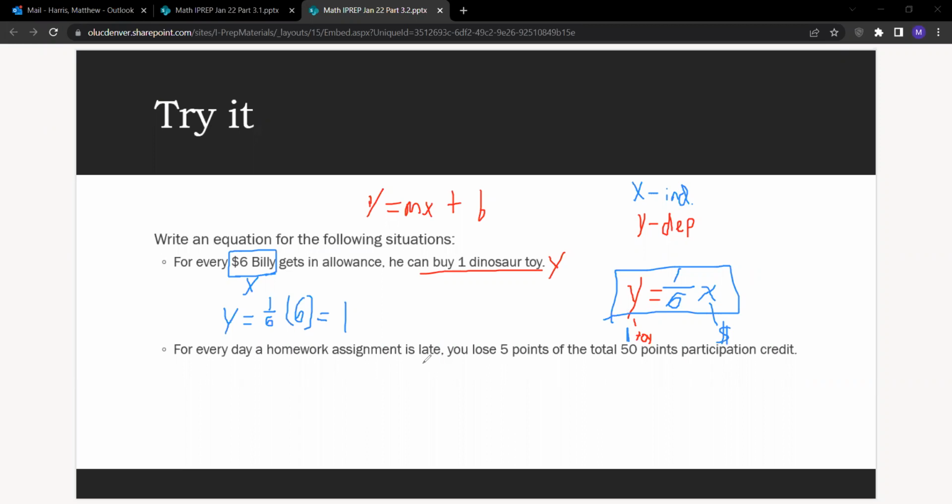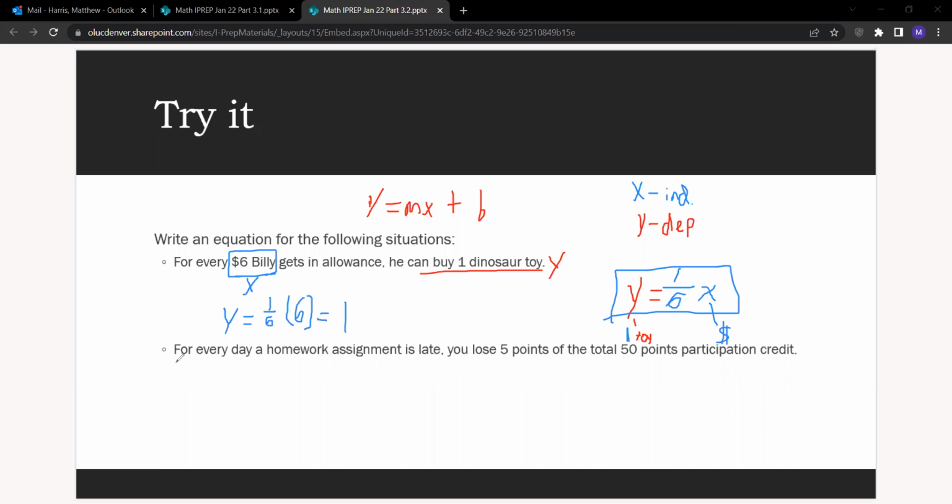So let's look at another one. This one will actually be a little less confusing for a lot of you, but if it's not, don't worry at all. For every day a homework assignment is late, you lose 5 points of the total 50 points of participation credit. Let's think about what that means.